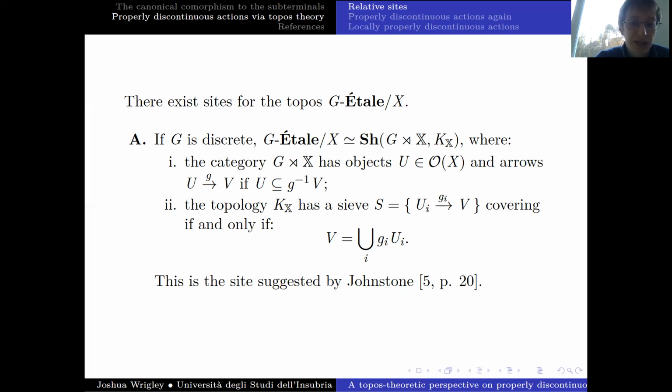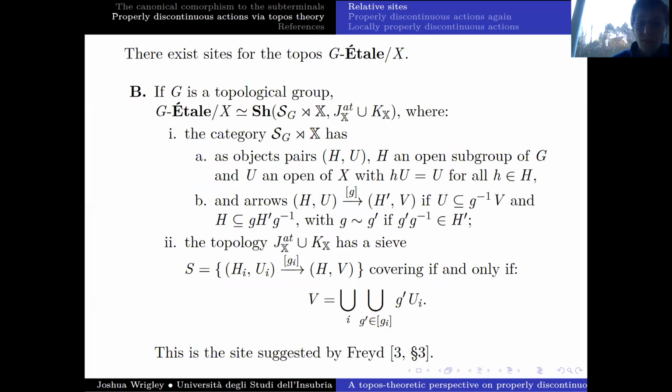And then we end up with a suitable topology, the topology saying that a sieve is covering if and only if this condition is satisfied. And so now we've got a nice site.